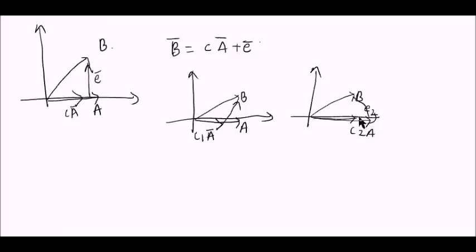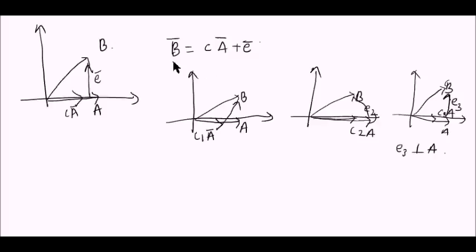The other possibility is something like this: this is B, this is A, then C3 A and E3. Now if you see, E3 will be exactly perpendicular to A.